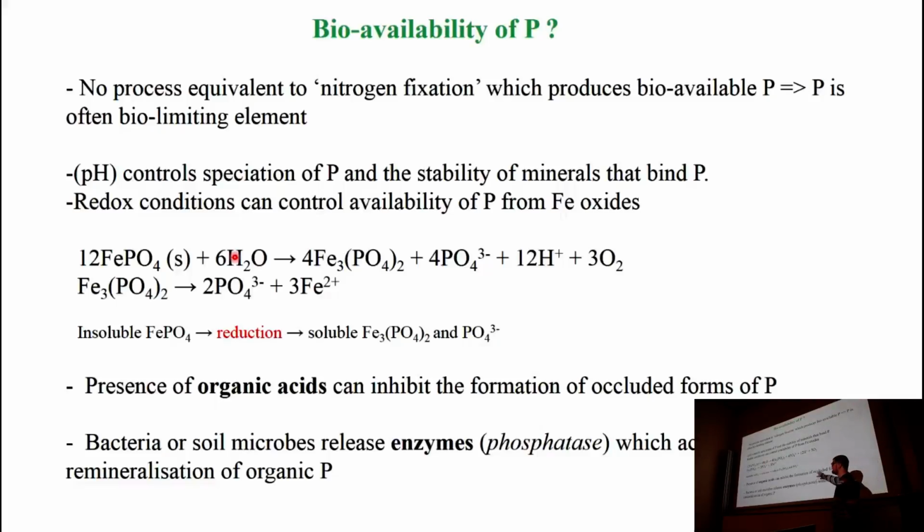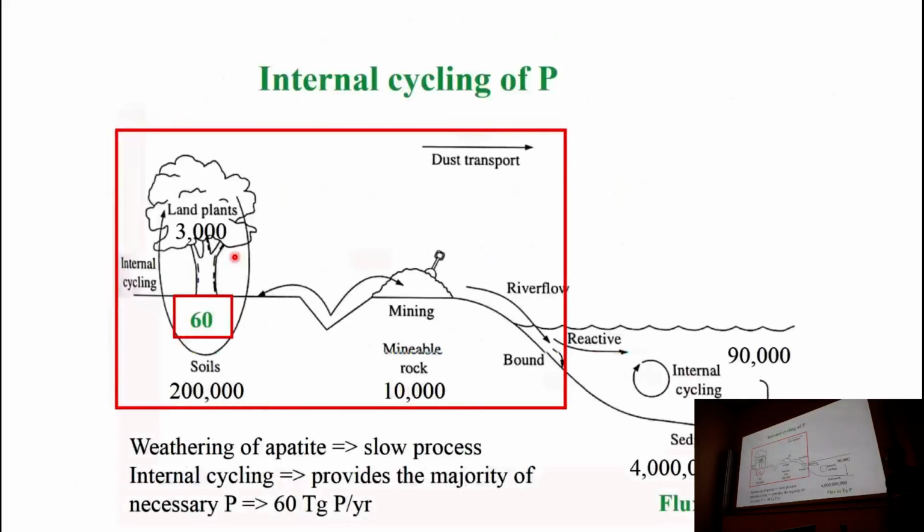So in an organic-rich environment, say soils, you can slightly increase the availability of phosphorus just by having lots of organic matter present.